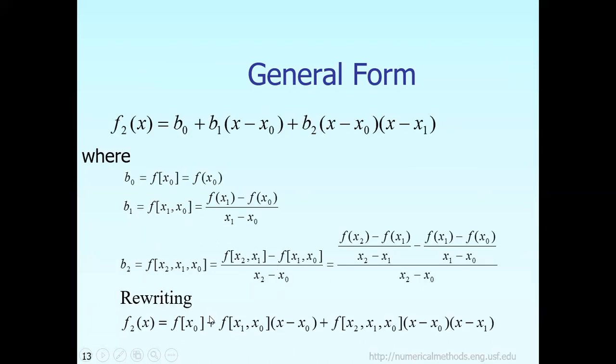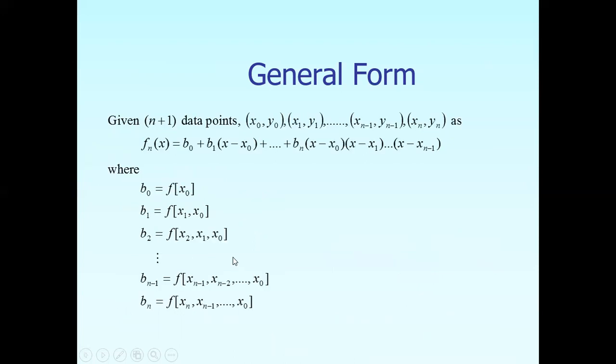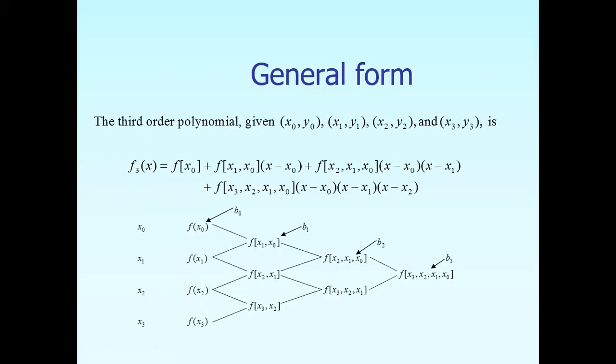Writing this out, f of x is equal to f of x0 plus f of x1 comma x0 into x minus x0 plus f of x2 comma x1 comma x0 into x minus x0 into x minus x1. This is your general formula for finding the value of y at given values of x.